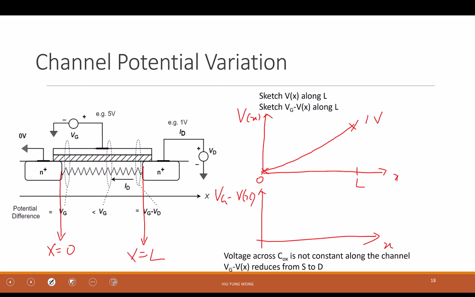Along this channel, right? First of all, why do I want to do that? Because this is the capacitance, and this is the potential difference across the capacitance, right? Because this is Vx, and this is Vg.